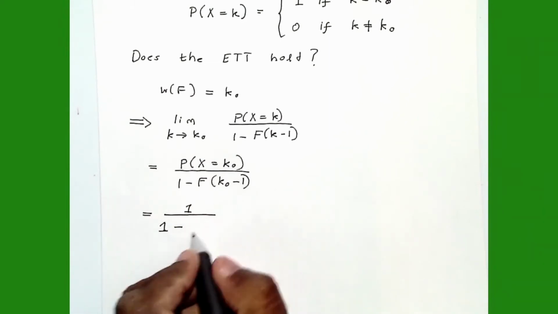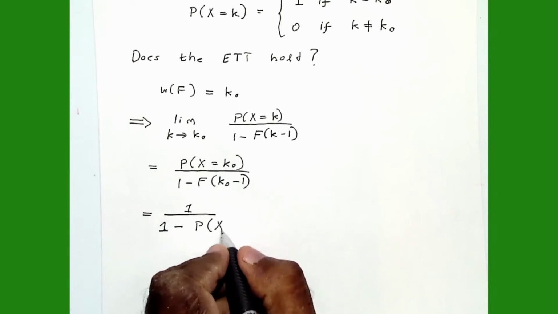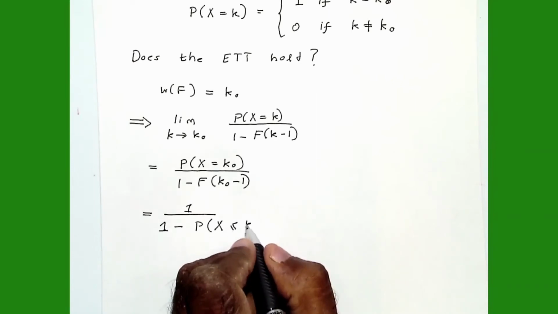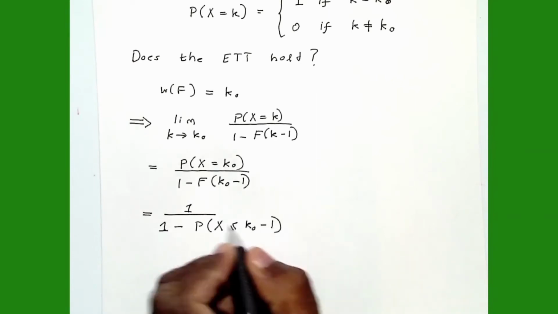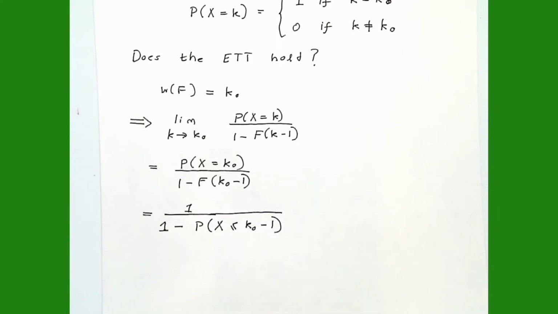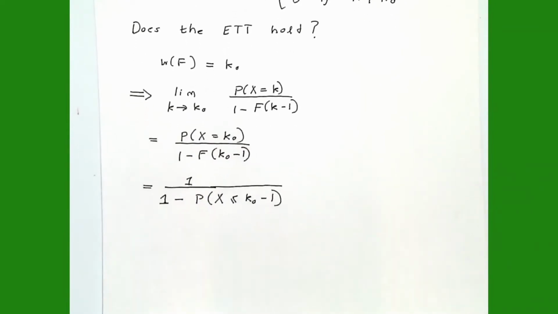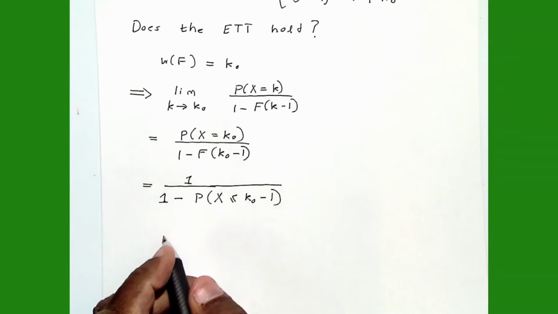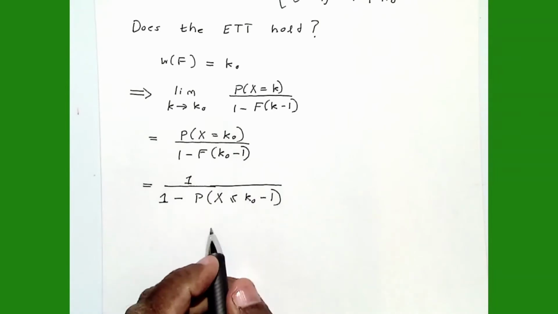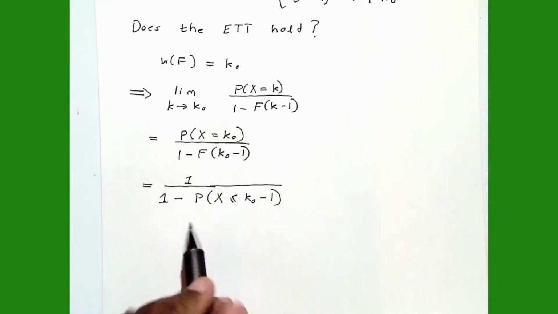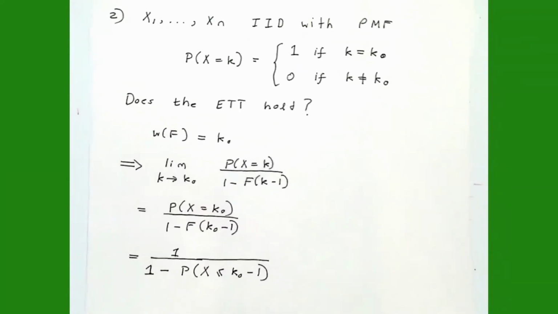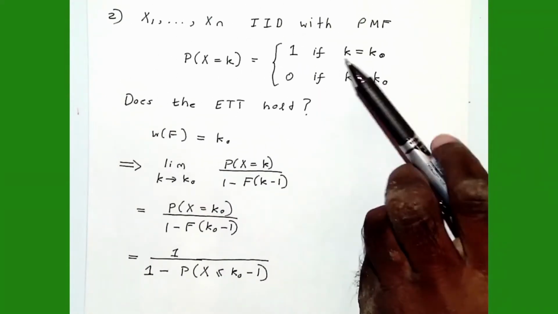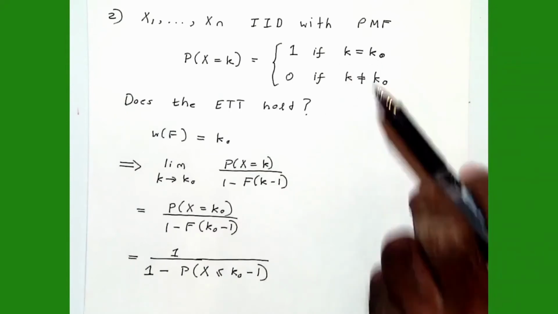This is the probability that x... Now you should once again look at the probability that x is less than or equal to k0 minus 1.